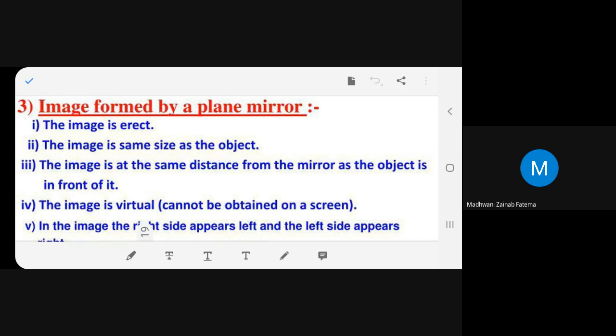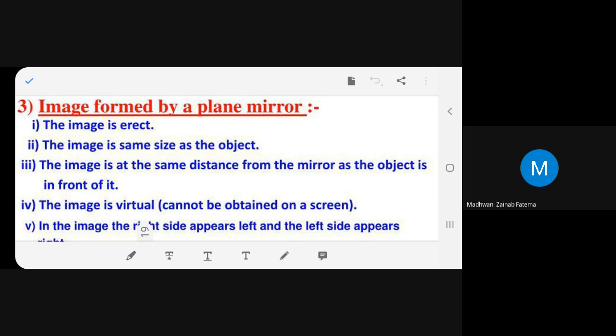No, ma'am. Upside down is opposite, beta. That means your leg is on top and your head is on the bottom. So what is it? Erect. Yes, ma'am. When you look in the mirror, that is called upright.